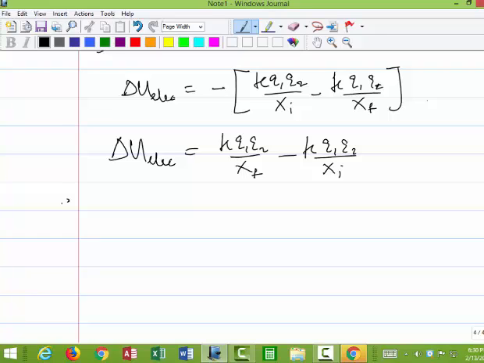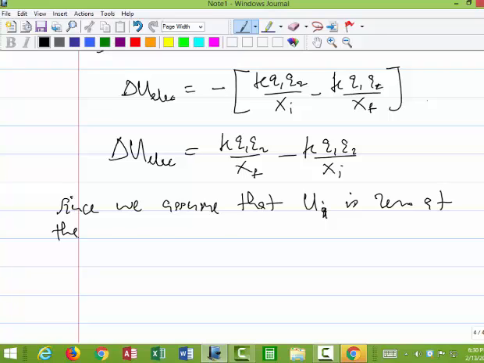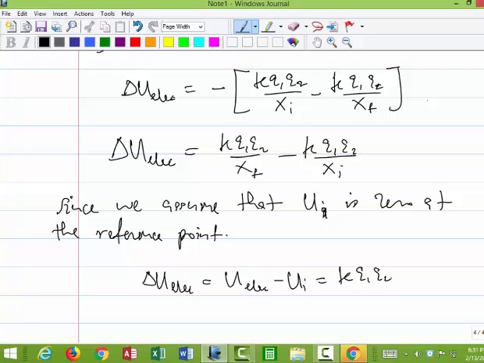Since we assume the initial potential is 0 at the reference point, if you write delta U electric equals U electric minus U initial, that can be written as K Q1 Q2 over X final minus K Q1 Q2 over X initial, and the initial potential is 0.